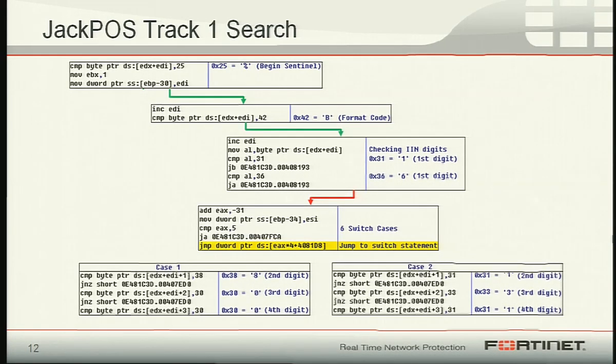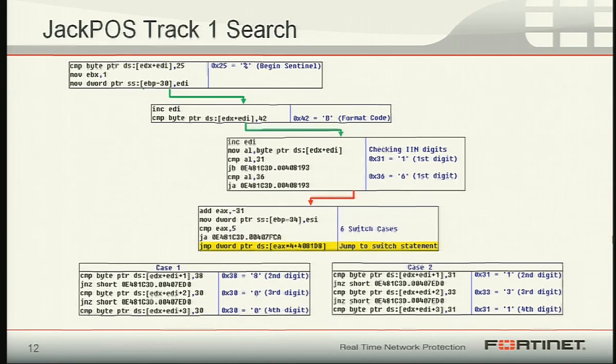For case 1, the second, third, and fourth digits are checked for 800, and for case 2, the numbers 131 are checked. So you can say that JackPOS either filters out any cards, at least for the first two cases, that do not start with 1800, or for case 2, 2131. Or on the other hand, you can say that it's actually targeting the specific card issuer.